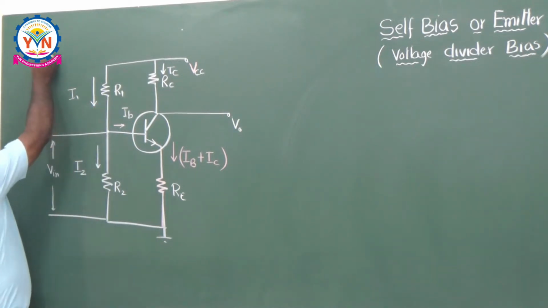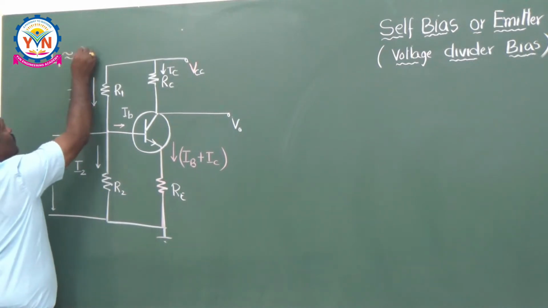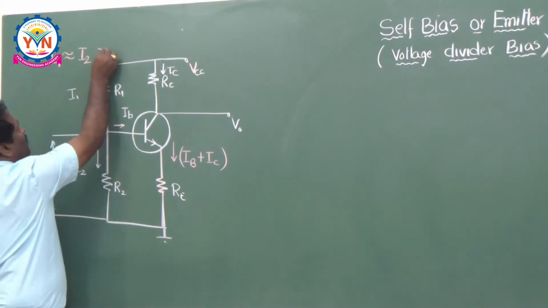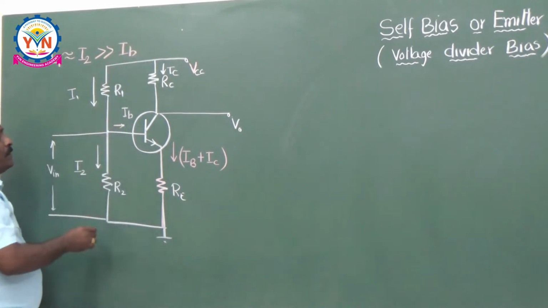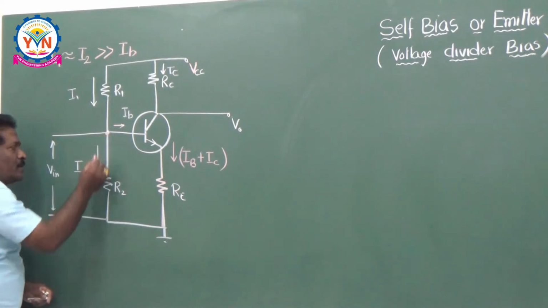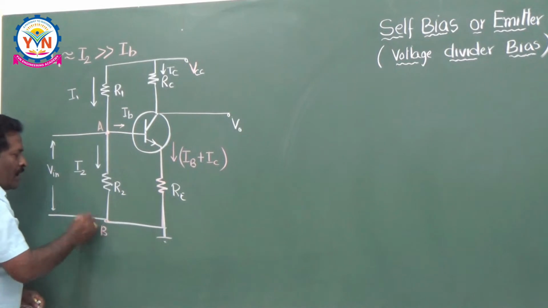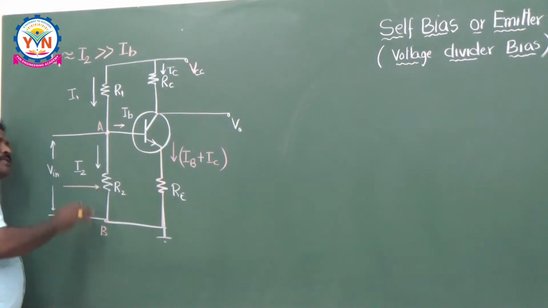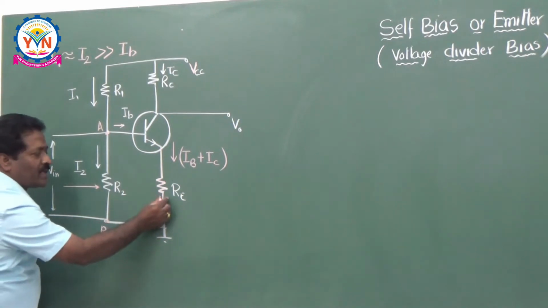The assumption is I1 is approximately equal to I2, which is very much greater than the base current IB. Because whenever you take these two input terminals, let me call them A and B, the input resistance seen by this network is very high because of this emitter resistor.